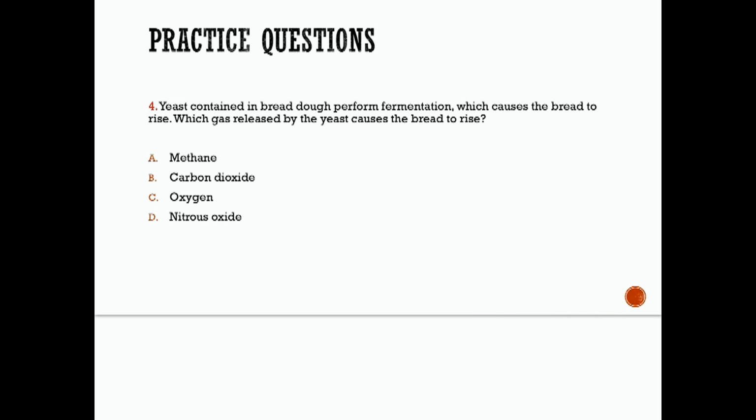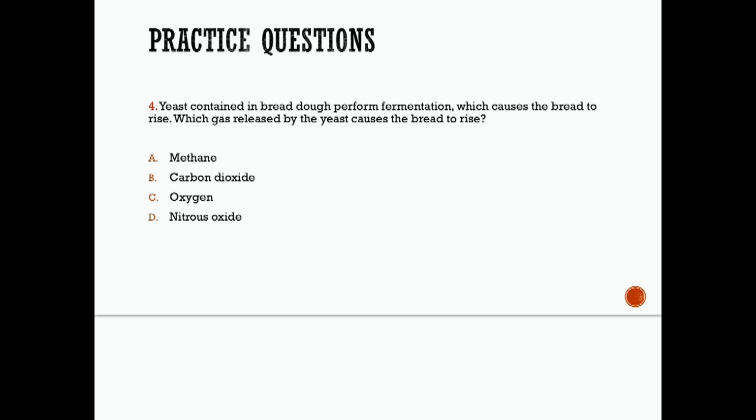Number 4, yeast contained in bread dough performs fermentation, which causes the bread to rise. So, which gas released by the yeast causes the bread to rise? All right, so you might pause this and think about it. If you go back to your alcohol fermentation notes, you'll see that yeast, such as those added to bread dough, are able to perform something called ethyl alcohol fermentation.